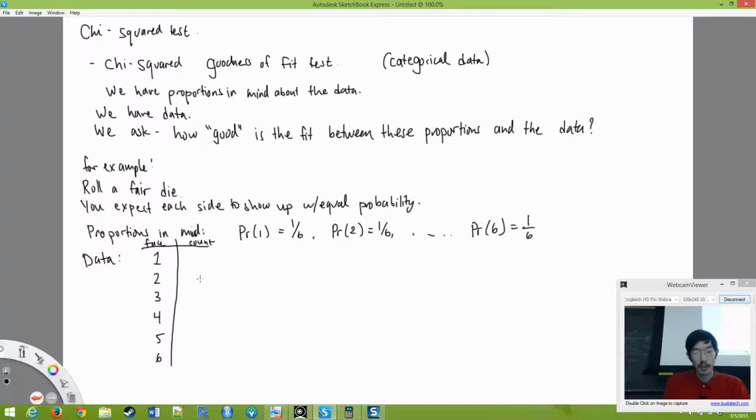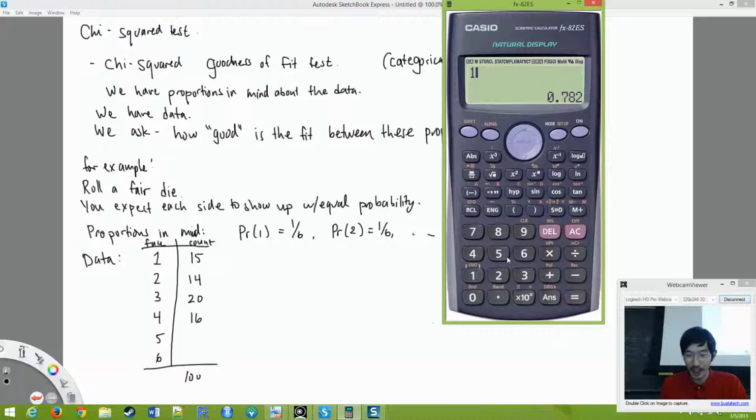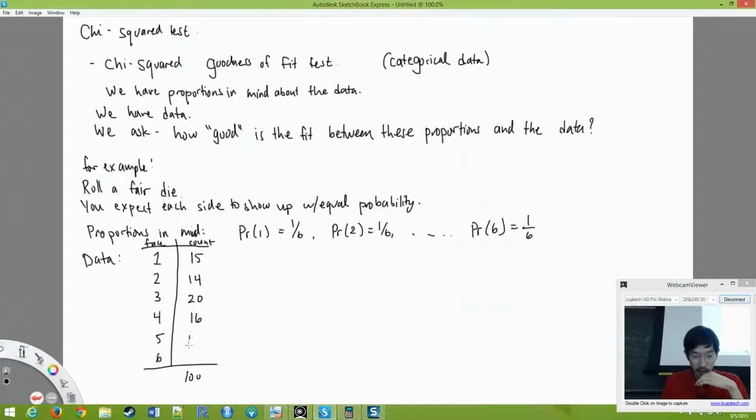If you roll it 100 times, let's say you get 15 plus 14 plus 20 plus 16, and let's say another 15 and a 20.